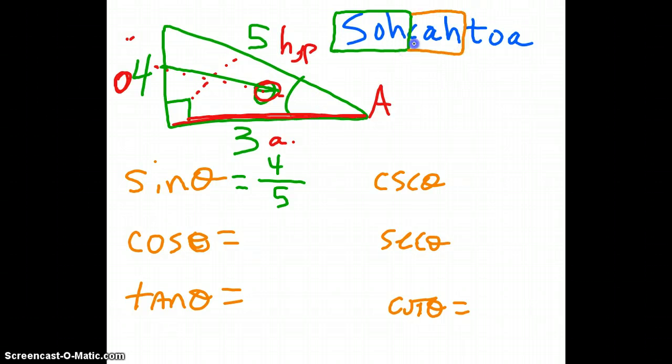Cosine. What is cosine defined as? The adjacent leg, which is 3, over the hypotenuse, which is 5. When you're finding a trig value, all you're doing is finding a ratio. For the tangent, we're going to look at the opposite leg over the adjacent leg. And that's all there is to it.